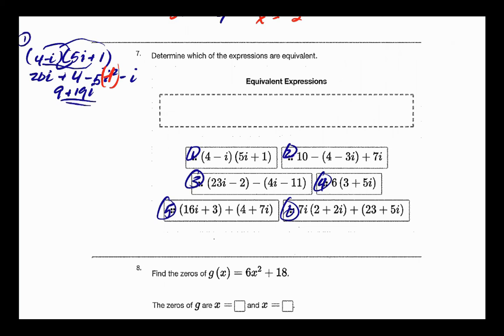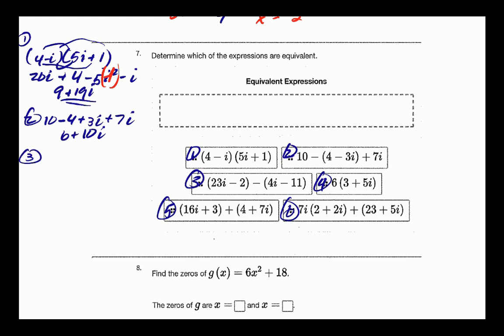For number 2, if I work that out, I'm going to distribute that negative through the parentheses. So I'll have minus 4, plus 3i, and then plus 7i. So on that one, I'll have 6 plus 10i. So that's for number 2. For number 3, let's see.